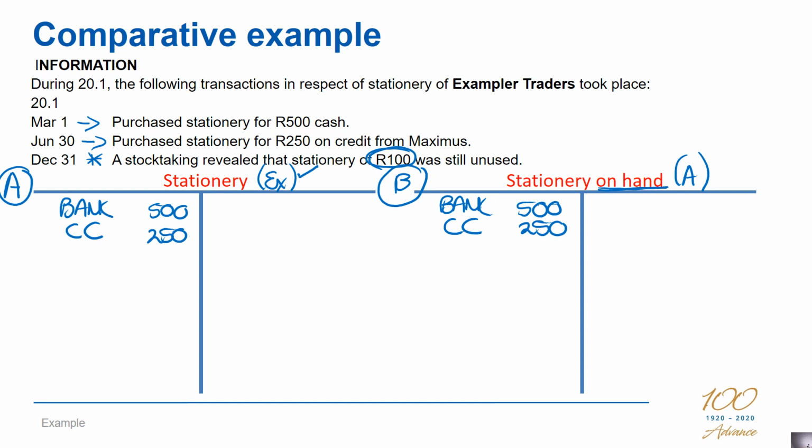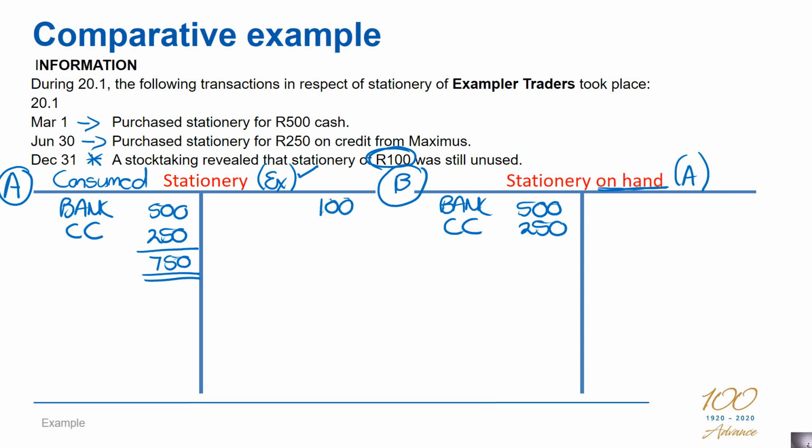So let's do manager A first, option A. If the expense account refers to consumption, so I want in here, what have I consumed during the year? On the debit side, it adds up to 750, but I know I have not consumed 750 because I still have 100 Rand unused.